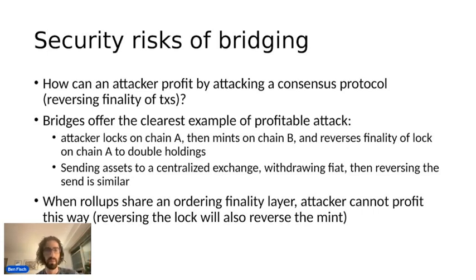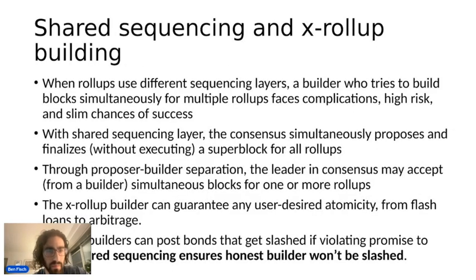But if you have many, many rollups that all have bridges between each other, then it massively increases the profit opportunities for the attackers of consensus protocols that are controlling the transaction orderings in these different rollups. And when rollups share an ordering finality layer, the attacker cannot profit in this way. Reversing the lock on one side of a bridge will also reverse the mint on the other.